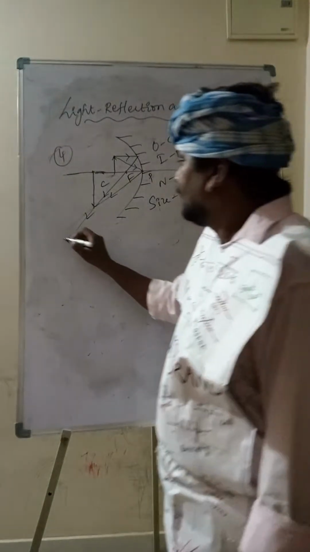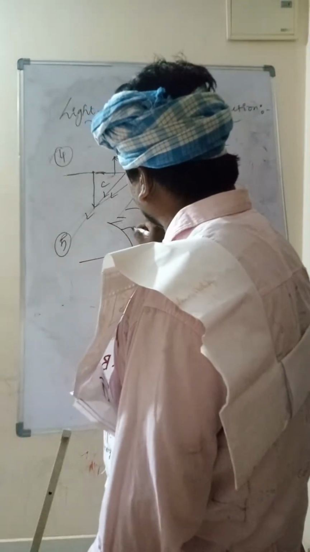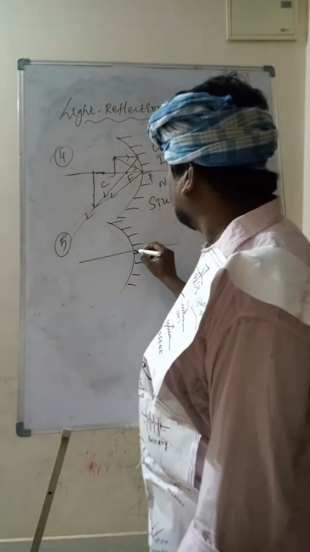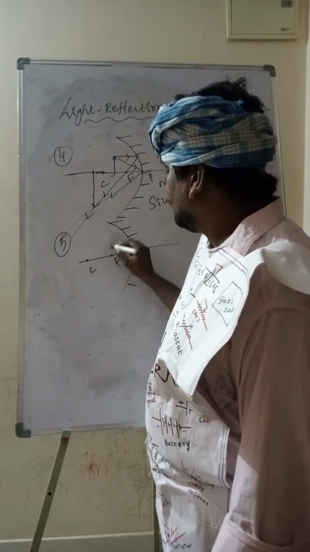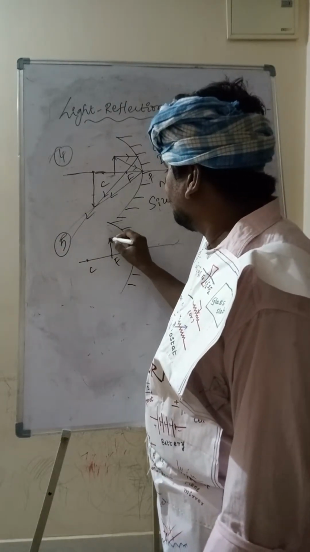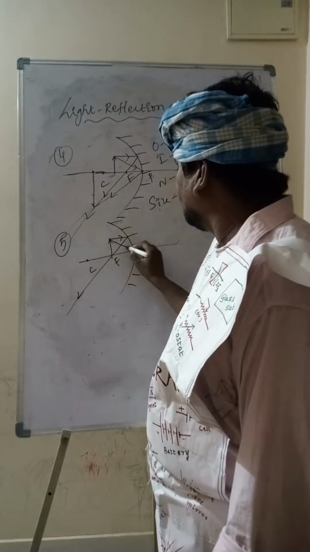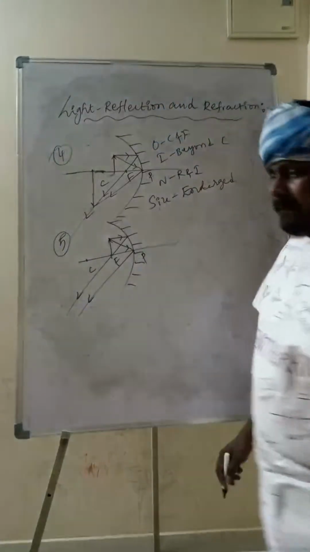So fifth one. So I'm considering the fifth one. Pole, focus, center of curvature. Object is placed at F. One light ray I am taking, passes through like this, another light ray I am taking, so it reaches to infinity.